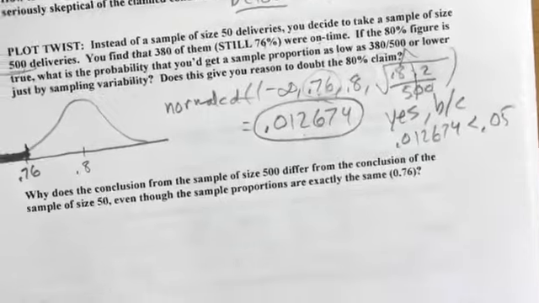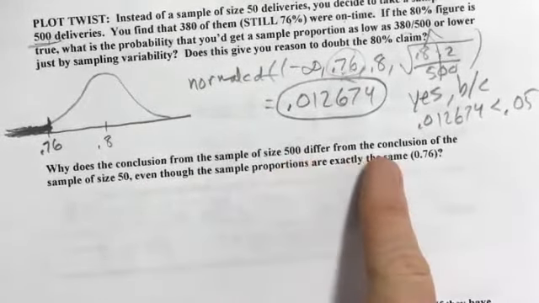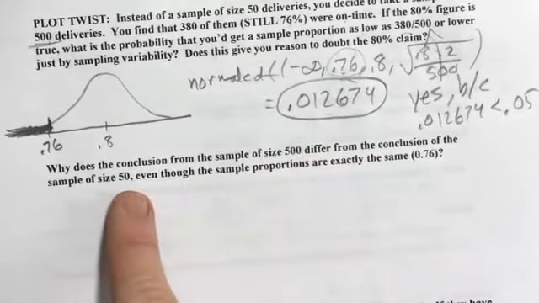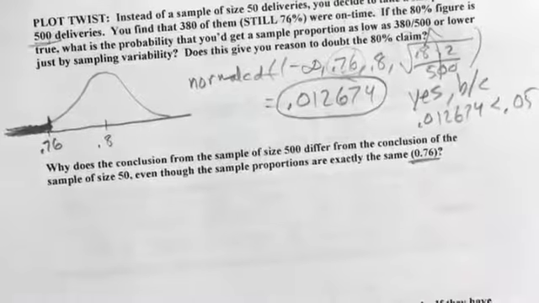All right, so why does the conclusion from the sample size 500 differ from the conclusion of the sample size 50, even though the sample proportions are exactly the same? They both had 0.76.